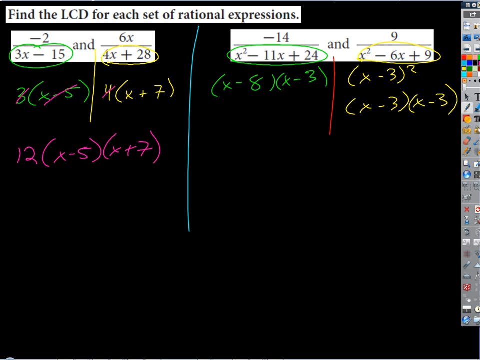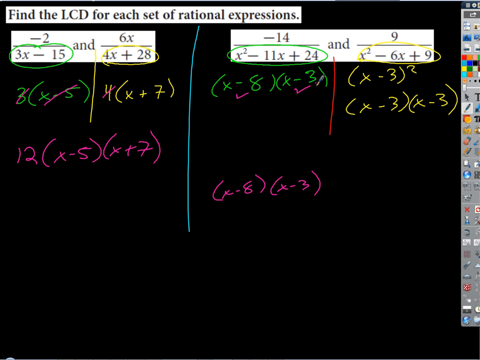So we need an x minus 8, right? Because I've got an x minus 8 factor in this one. Okay, that takes care of him. What next? Okay, I need an x minus 3, so that takes care of the green denominator, right? The product of those two is going to include that whole denominator.